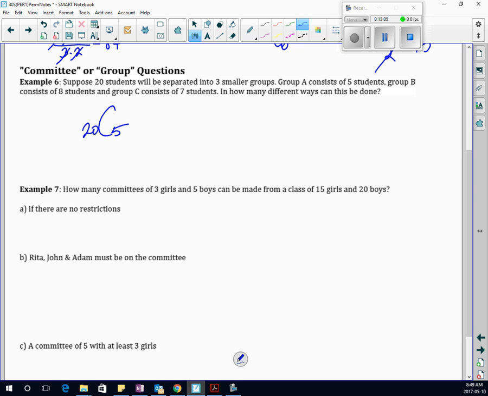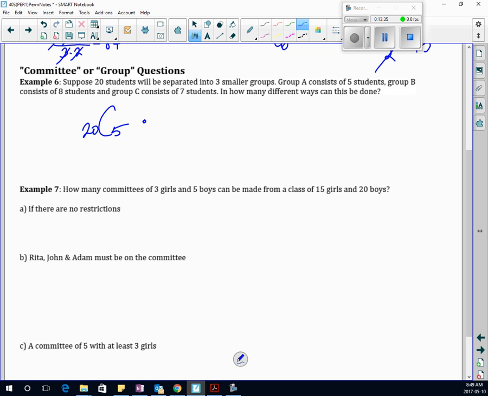How would I choose the second group? No, it's not 20C7. Think about this for a second. I have 20 kids in here. I put 5 people in a group. Am I going to choose them again? No, they're out. Now I have these people to do the other 2 groups. What's going to happen with the last group? They don't get a choice.